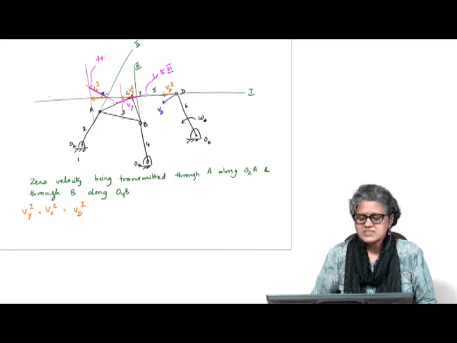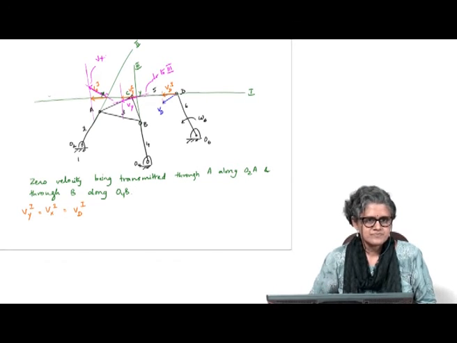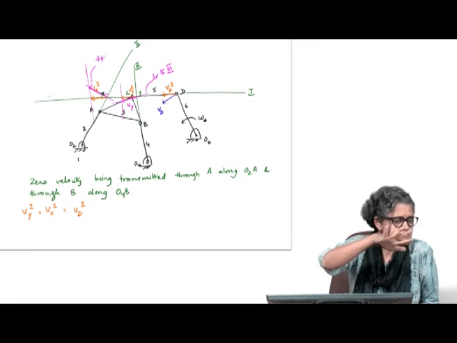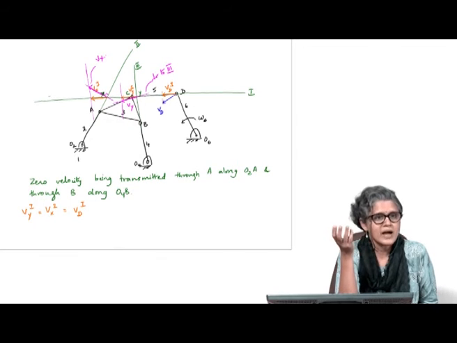Okay, so this is the auxiliary point method, and it's applicable to most mechanisms you can analyze by this method, regardless of their complexity. The complexity arises because you have a floating link that is typically ternary or higher order.